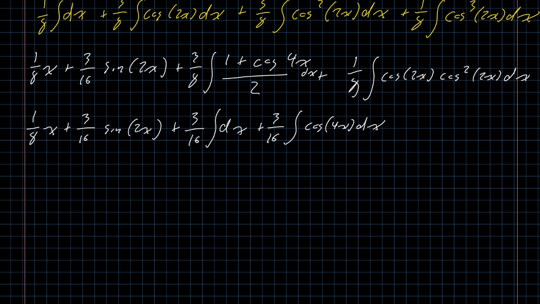And then in this last one, I'm going to need to rewrite my cosine in terms of sine. So I'm going to have 1/8 the integral cosine of 2x times 1 minus sine squared of 2x dx.